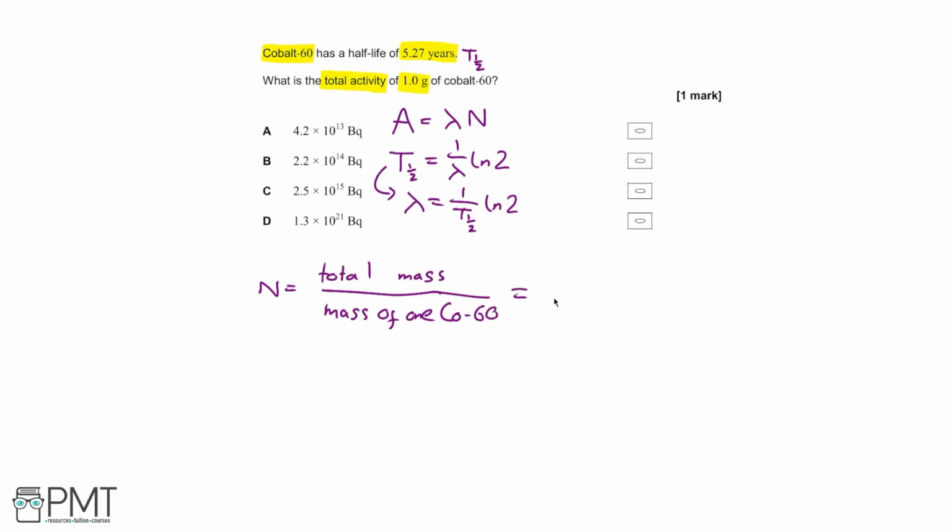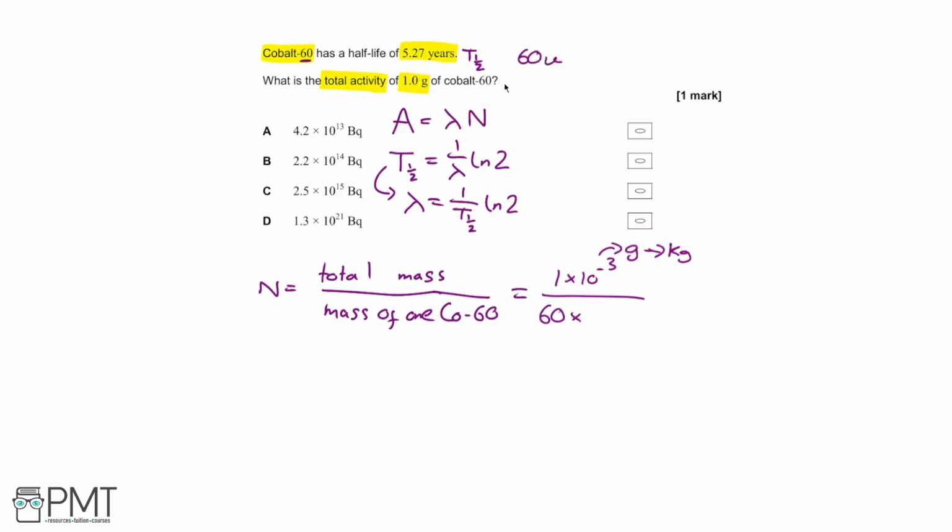So substituting numbers in, what we find is that we have a total mass of 1 times 10 to the minus 3 kilograms. So this is converting grams to kilograms because the kilo includes a prefix of 10 to the 3. So converting grams to kilograms means that we must multiply by 10 to the minus 3. Then, for the mass of one cobalt-60, we can use that this is 60 multiplied by the atomic mass unit, because this 60 here is given as 60 u.